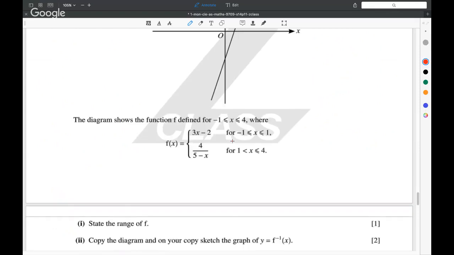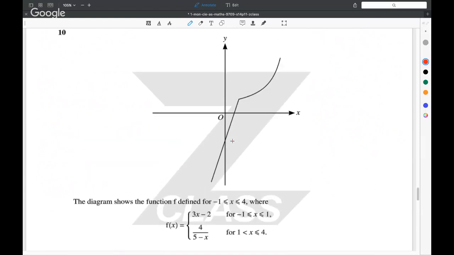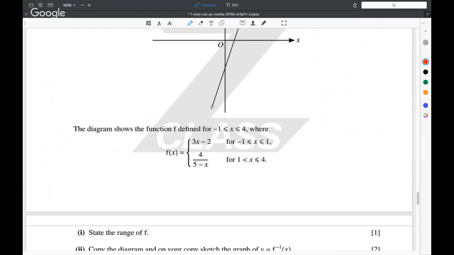Question 1 is asking for the range of f. Because we're already given the graph of the function, it's quite obvious that it's an increasing function. So in order to work out the range, we just need to work out the value of the function at the endpoints.